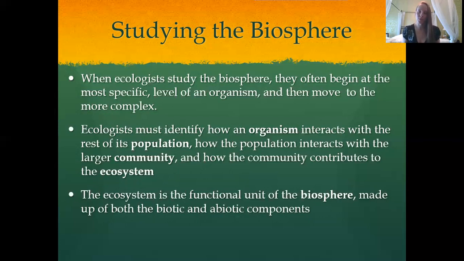The ecosystem includes both the biotic and abiotic components of that area. And if we take all the ecosystems in the world and put them together, they would make up the entire biosphere. So that's what we mean by the ecosystem as the functional unit. It's like the building blocks of, or the puzzle pieces of the biosphere.